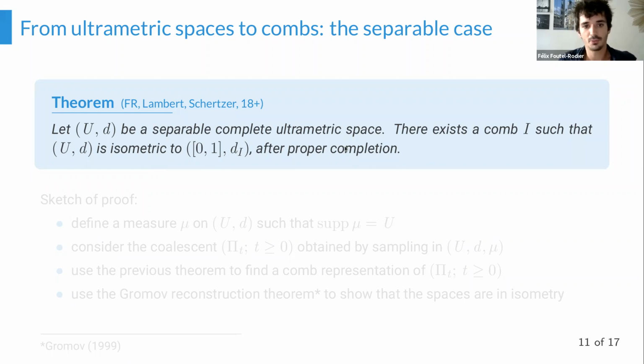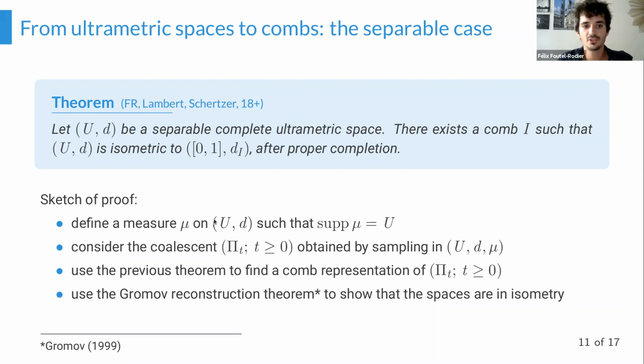So how do we use the previous result to prove this theorem? First of all, we just need to define a measure on UD which is such that the measure really charges the whole space, and we can do that by hand. Now with this measure, we can consider the coalescent associated to this ultrametric space. We can use our version of Kingman's theorem to find a comb representing this coalescent.